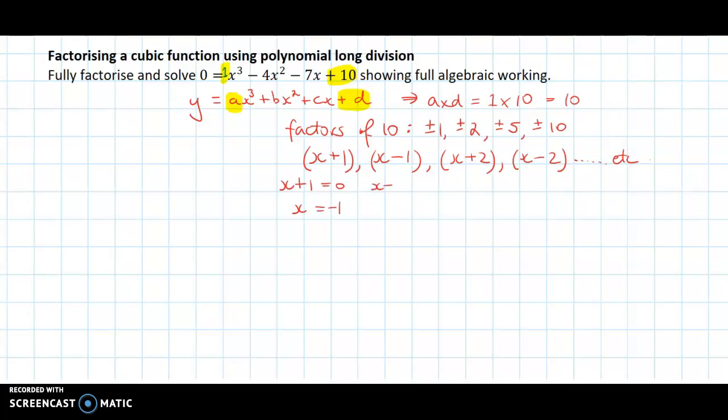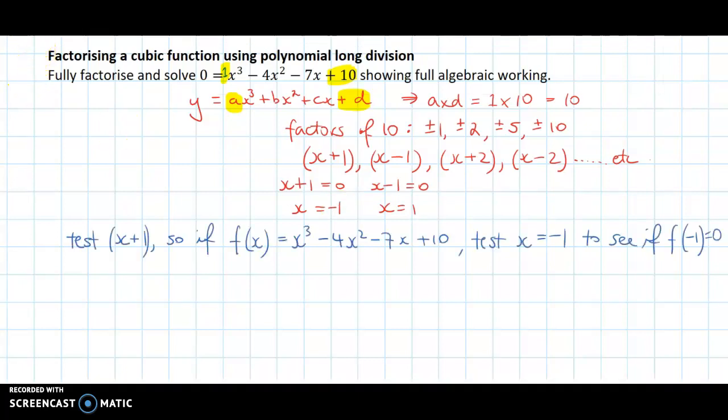If I tested x minus 1 equals 0, what I'd actually be substituting in is x equals 1. The idea is to substitute in the value I'm interested in, for example x equals negative 1, and see if that gives an overall value of the function of 0.